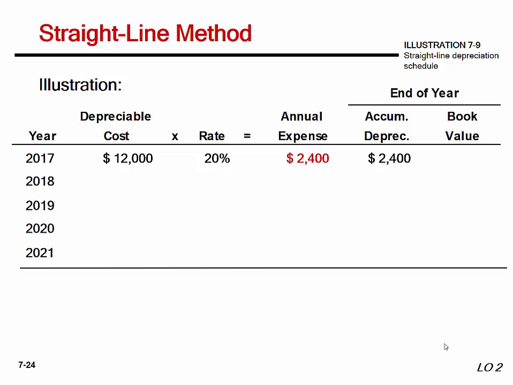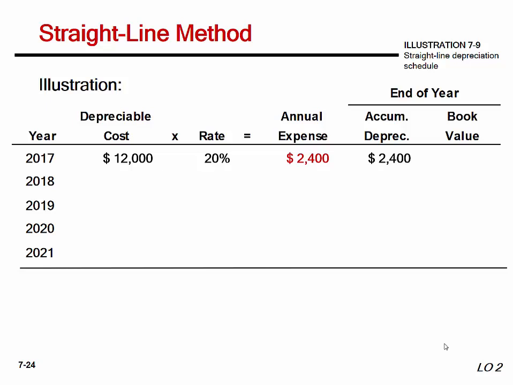equipment 2,400. If we wanted to calculate book value, which we've discussed earlier in the semester, is like saying equipment, comma net, what would your book value be here at the end of year 1? Well, what's the formula for book value?